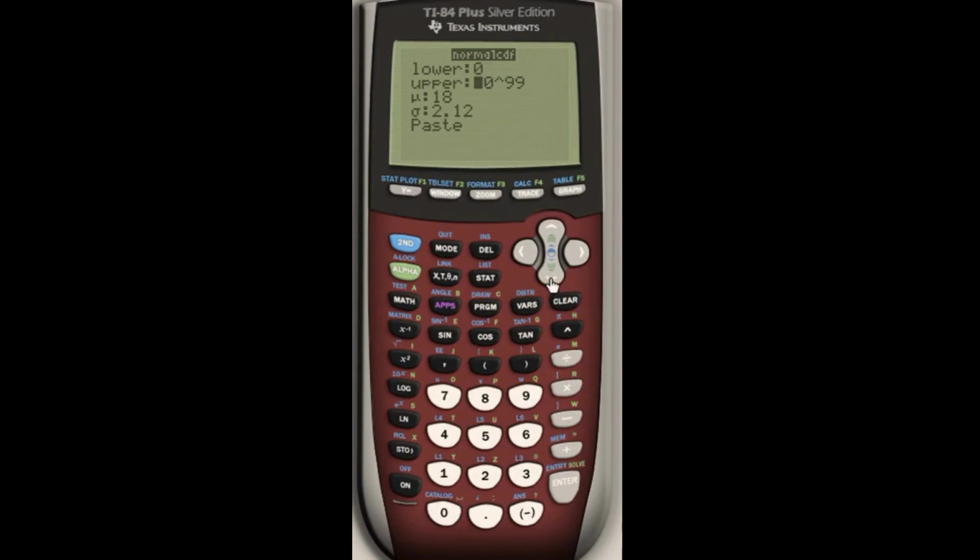And our upper boundary is 10 to the 99. The mean is 3, and the standard deviation is 1.8. We hit paste. That gives a pretty high probability, over 95% chance that packing takes longer than boxing.